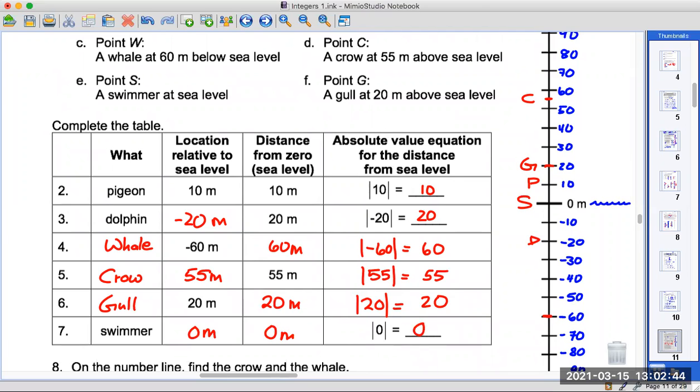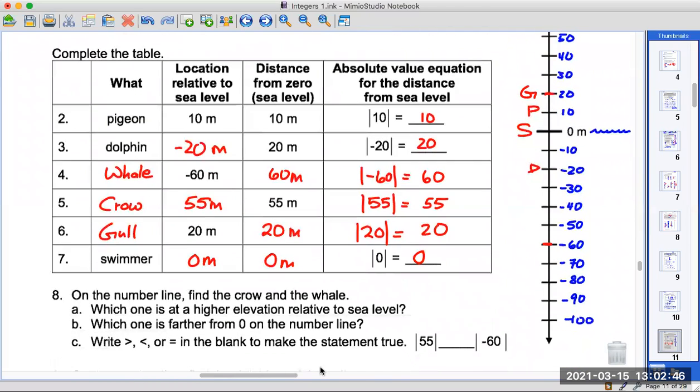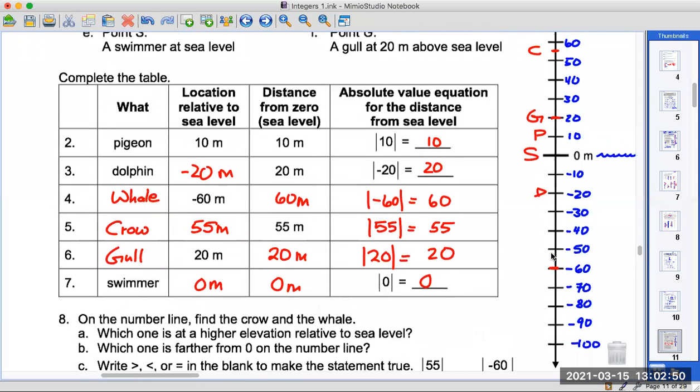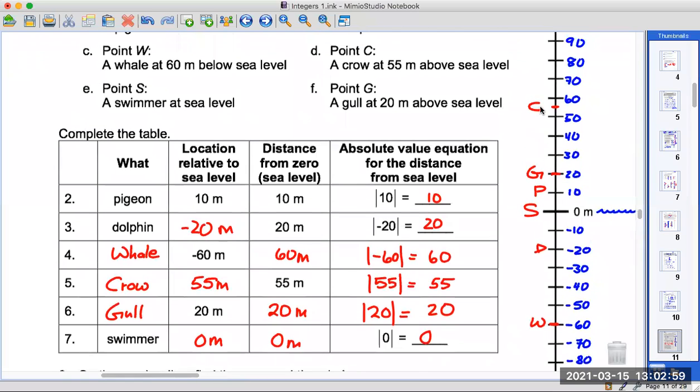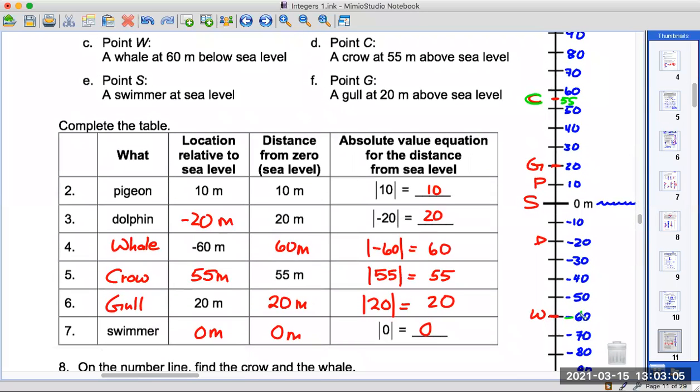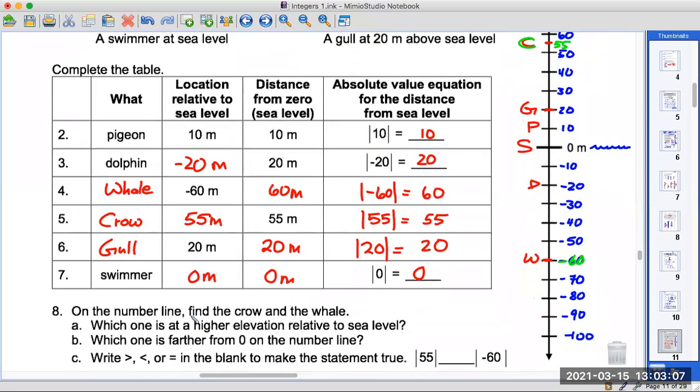On the number line, find the crow and the whale. Where's the whale? The whale is down here, negative 60. And the crow is up here, 55, right? So that's 55 and negative 60. Which one is at a higher elevation relative to sea level?